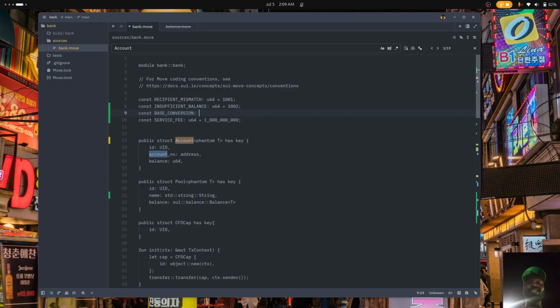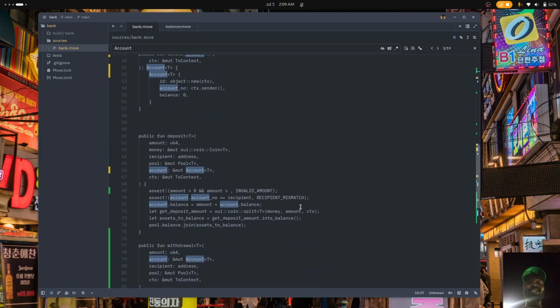This conversion, this is the form. What I think is, yeah. So this is one sui.